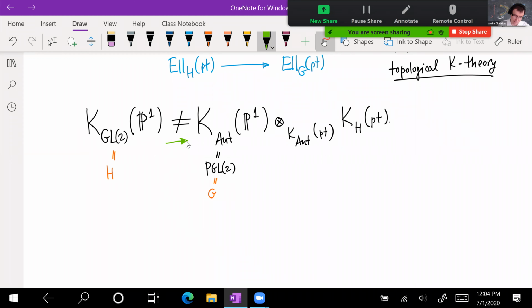If I have a G-bundle, I can make an H-bundle out of it. So here's the map this way, and this is not surjective. Kind of really embarrassing. The class which is not in the image of this map is just the O(1). It's not in the image.